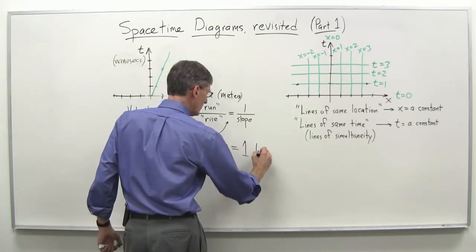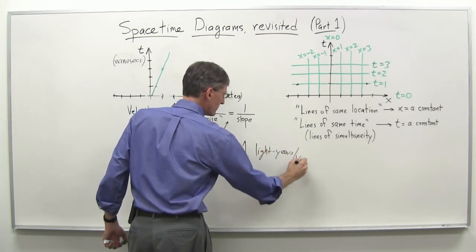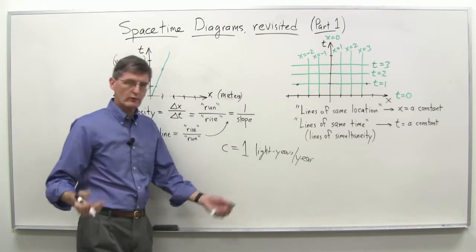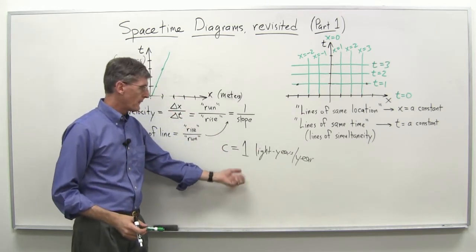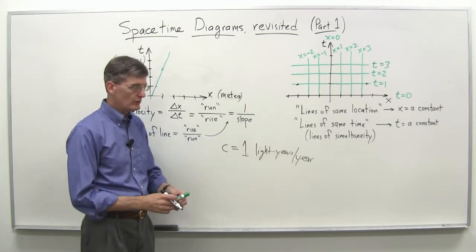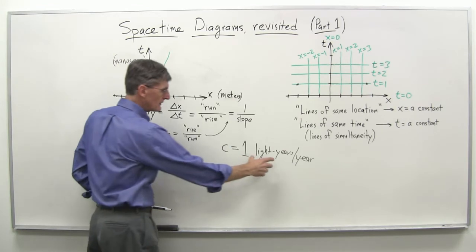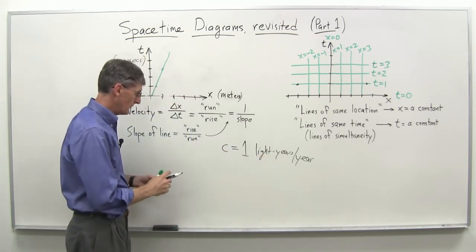So it's 1 light year per year. Because by definition, of course, a light year is the distance light travels in 1 year. Or light seconds per second, or light days per day, or light months per month, or whatever unit you want to use there. Just remember, light year is a unit of distance, not a unit of time.